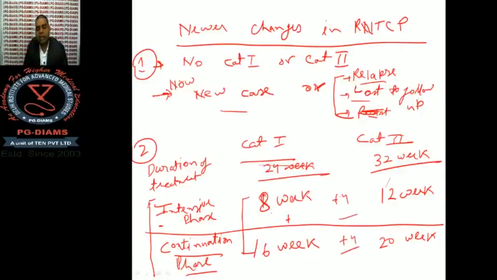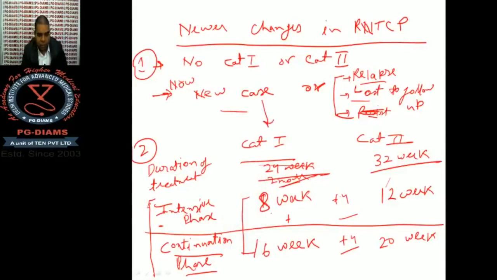Then you will get the duration for category 2. You need not mug up, just remember that 8 weeks is the intensive phase, because previously it was 2 months, which is almost equal to 8 weeks. So it has remained the same. Double of 8 is 16 weeks, and that will be the duration of the continuation phase under a new case.